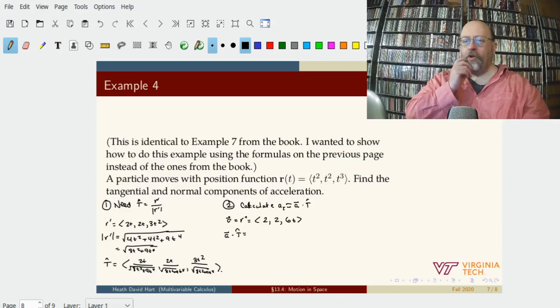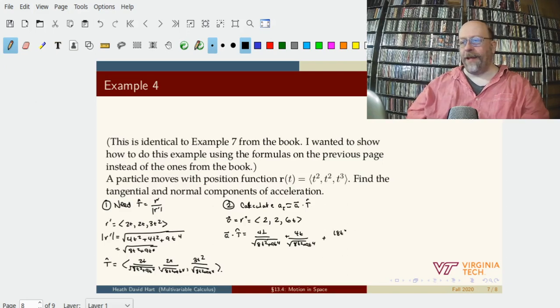we're going to get 2 times this, so it will be 4t over the square root of 8t squared plus 9t to the fourth, plus 4t over the square root of 8t squared plus 9t to the fourth, plus 6t times 3t squared will be 18t cubed over the square root of 8t squared plus 9t to the fourth, which will equal 8t plus 18t cubed over the square root of 8t squared plus 9t to the fourth.